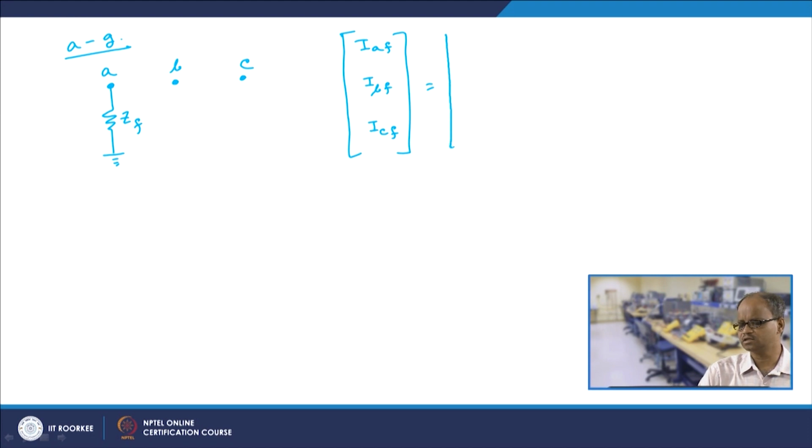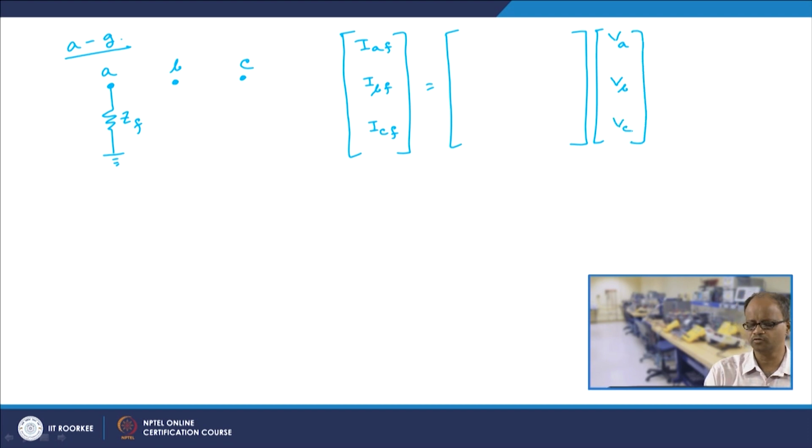These would be connected by a 3 cross 3 matrix such that they can be expressed in terms of VA, VB and VC. This voltage is VA, this voltage is VB, this voltage is VC and this current is IAF.